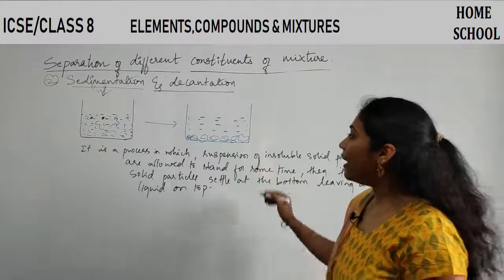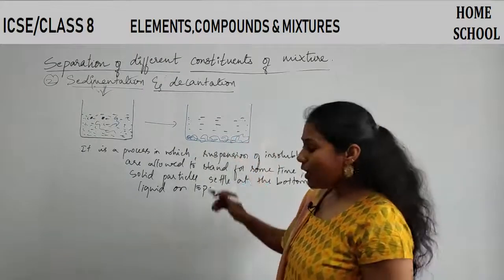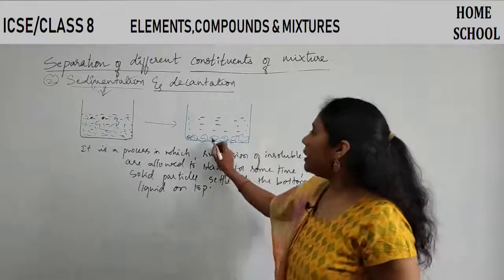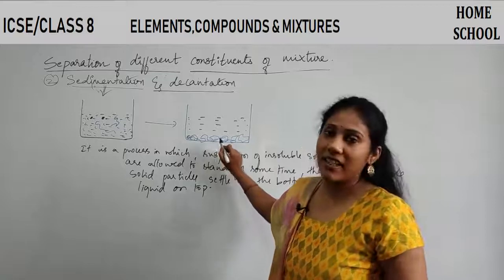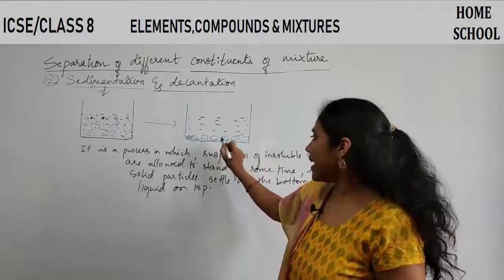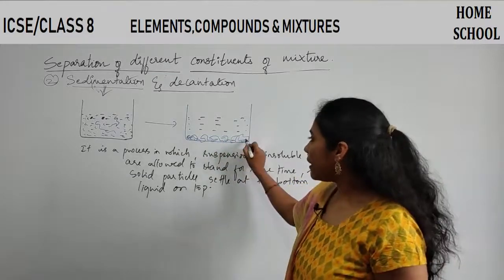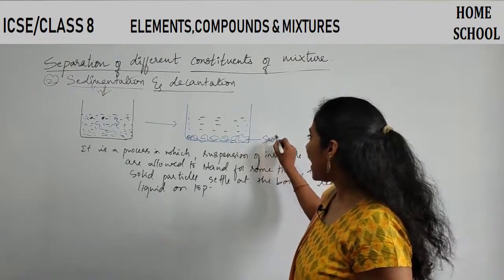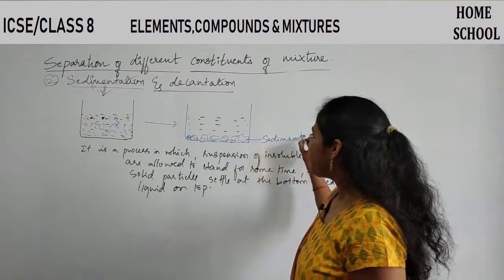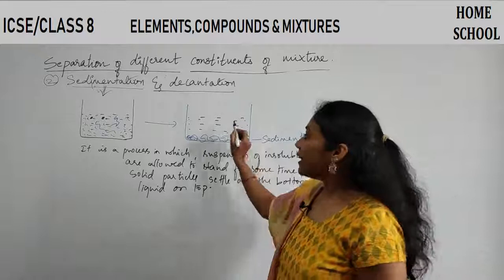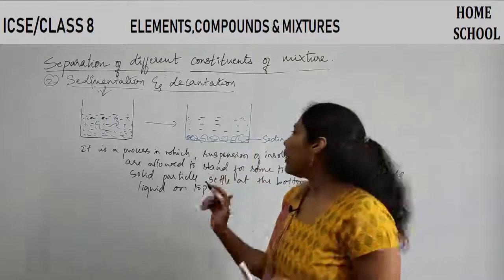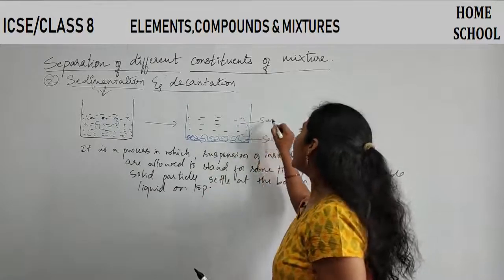Now after sedimentation, whatever insoluble solid particles, clay, mud, sand, that come down and settle, that is called sediment. And the clear liquid that you get on top is called supernatant liquid.